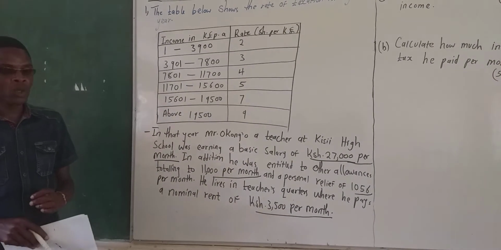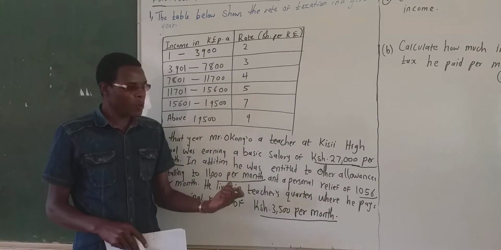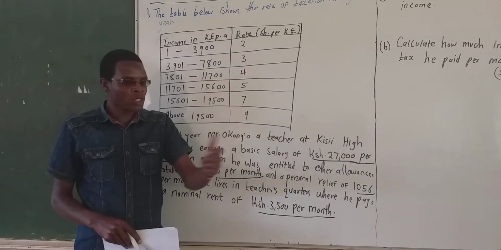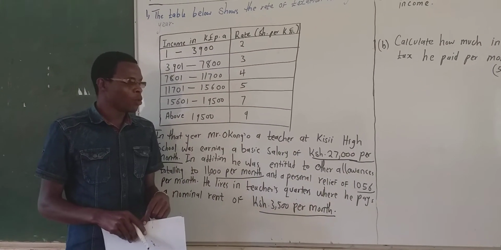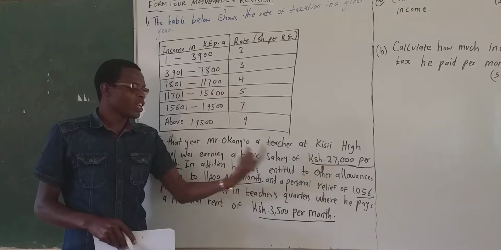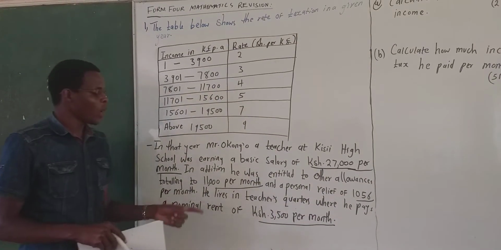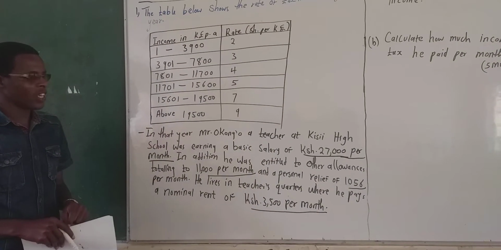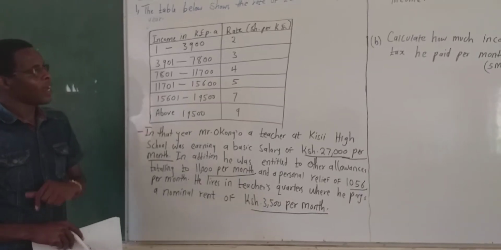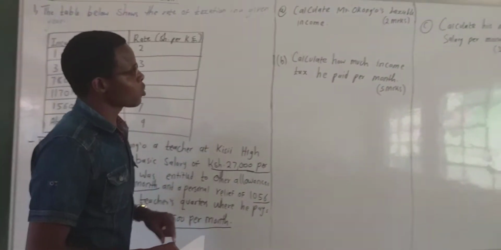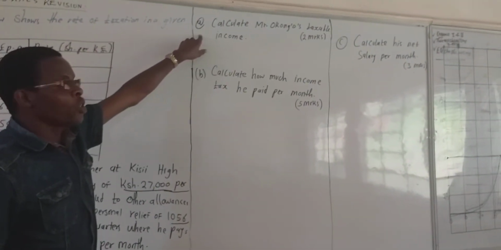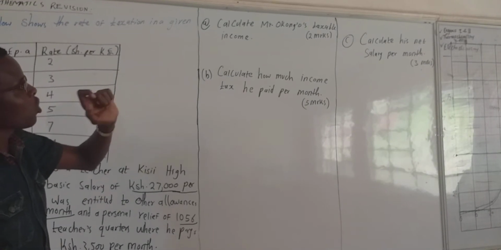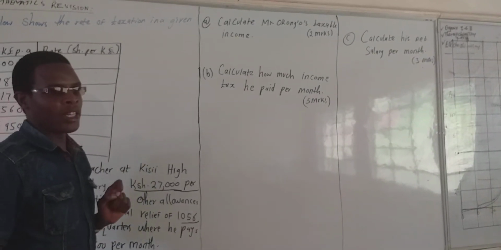We have also been told that Mr. Okomo was housed by the employer, given a house in the school where he was just paying a nominal rent of 3,500. Now, let us go back to the question. The first question: calculate Mr. Okomo's taxable income.